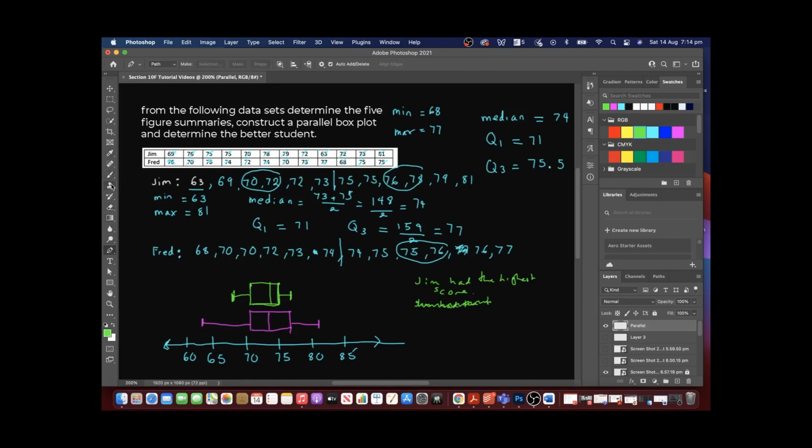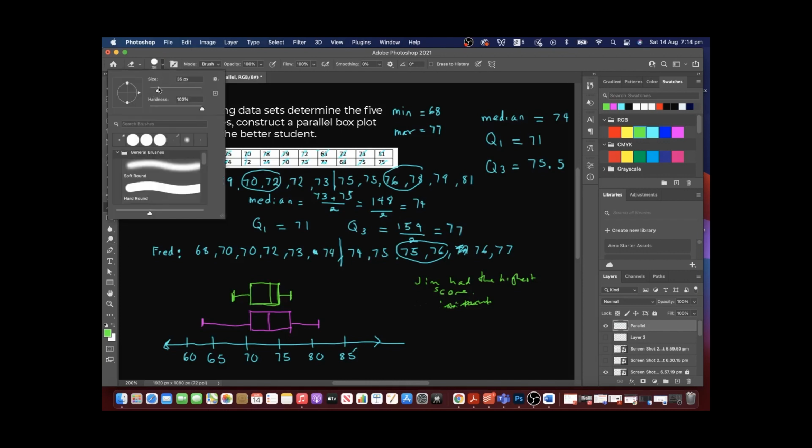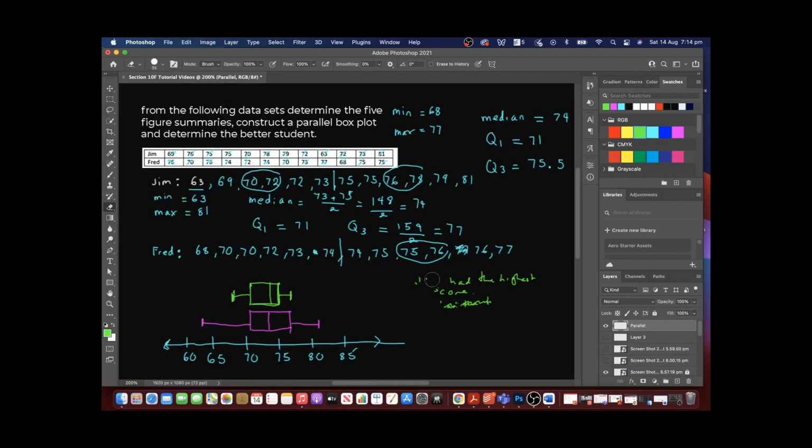So just make sure you're aware of which one you're actually speaking about. So Jim is not in green for our purposes. Which gives me another thing you should do with your parallel box plots, which is you should label each one. So this is Jim, and this is Fred.